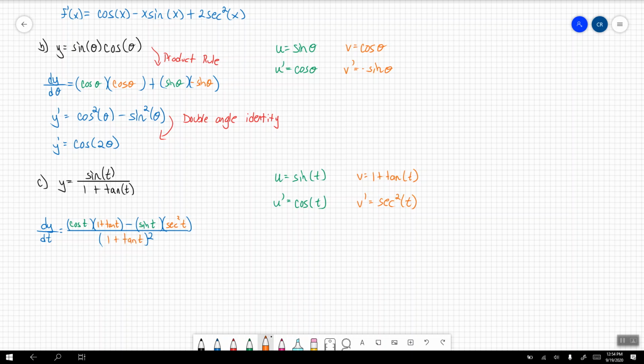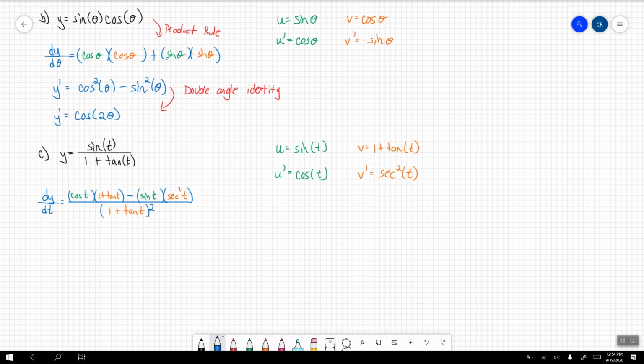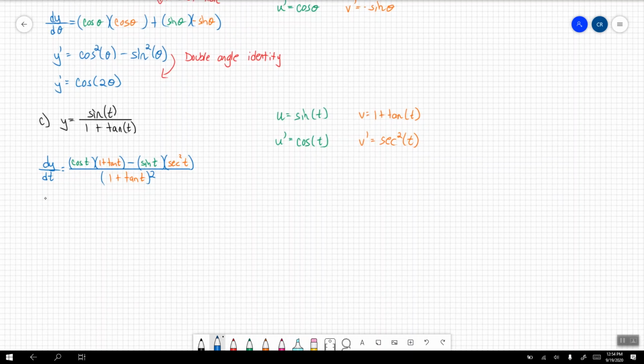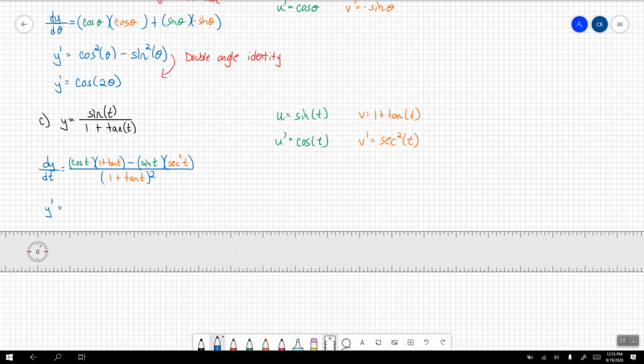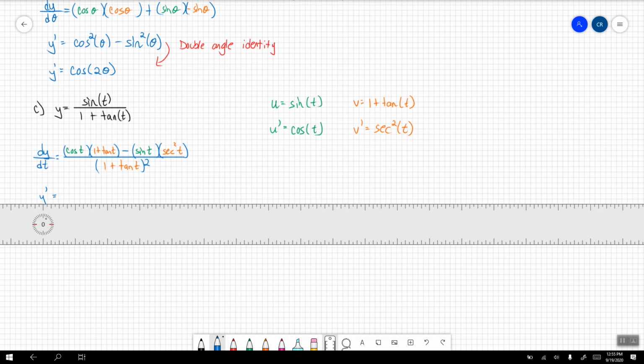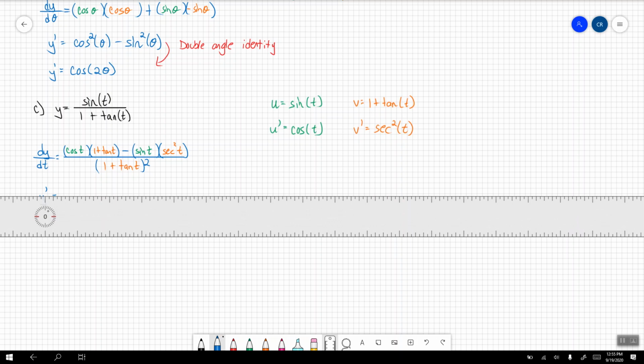Just like this. So we're going to go through and simplify as much as we can when we distribute here. So let's go on with those calculations. Again, now I'm looking at y prime, and I'm going to distribute my cosine.